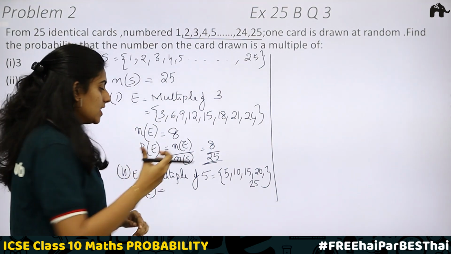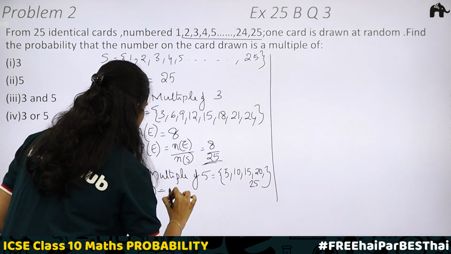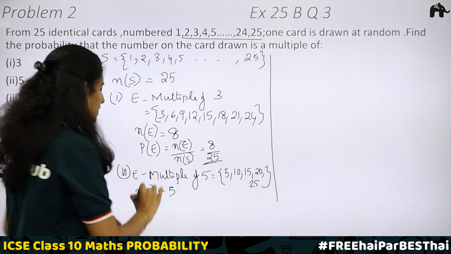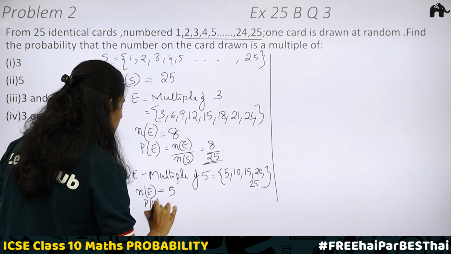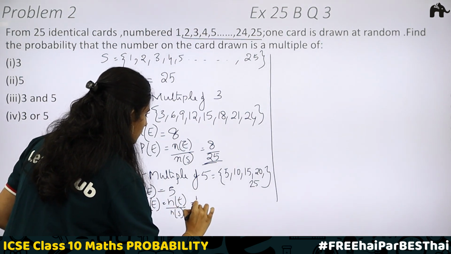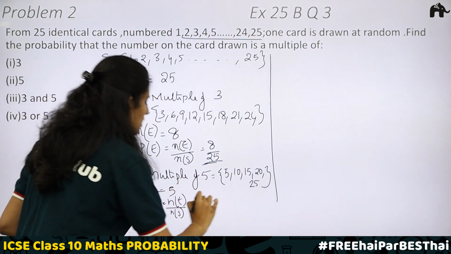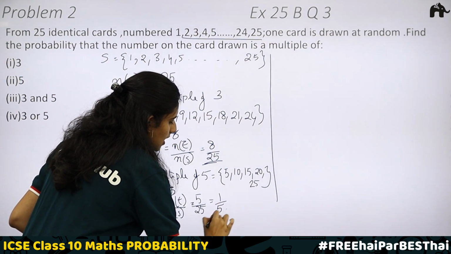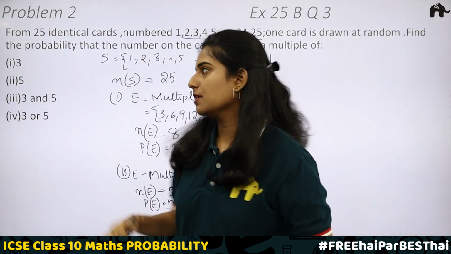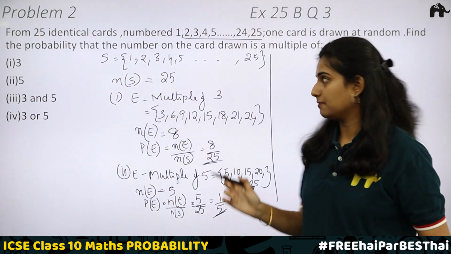Number of outcomes which are multiple of 5. 1, 2, 3, 4, 5. N of E is equal to 5. Then the probability of event will be N of E by N of S, that is 5 divided by 25. Here we can cancel, 5 fives are 25. Therefore 1 by 5 is your answer. 1 by 5 is the probability of taking a card which is a multiple of 5.